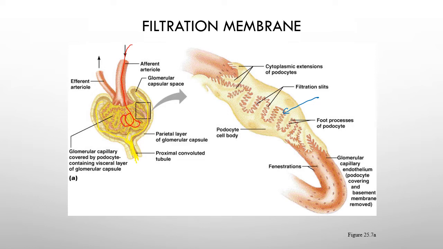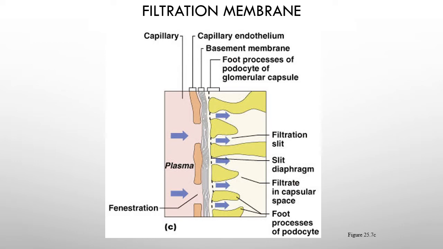It goes back and forth and back and forth in there, and then leaves through another arteriole. So we're not done on the arterial side here. Those vessels are going to continue on down, and they're actually going to eventually come back down and meet up with the tubules themselves so that we can reabsorb the nutrients that we needed to, so that we're not losing nutrients in the urine.